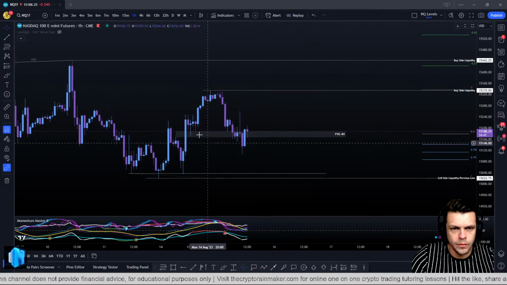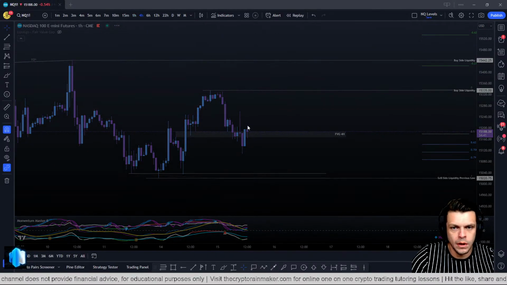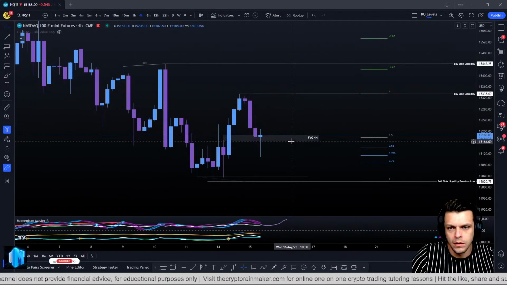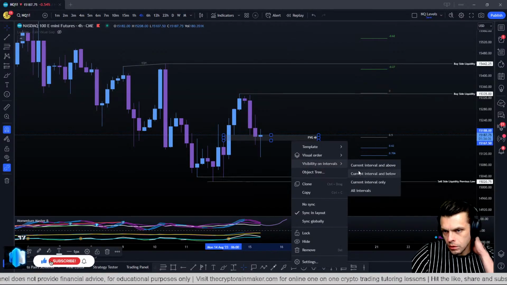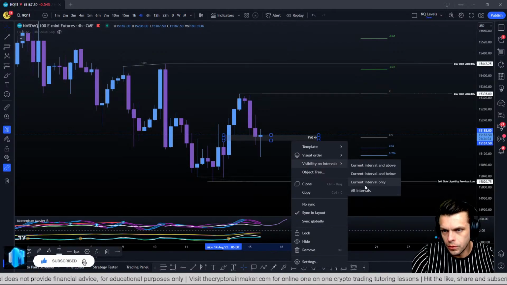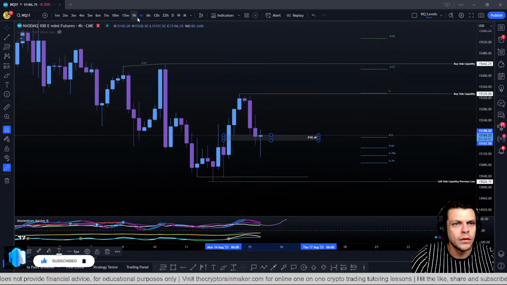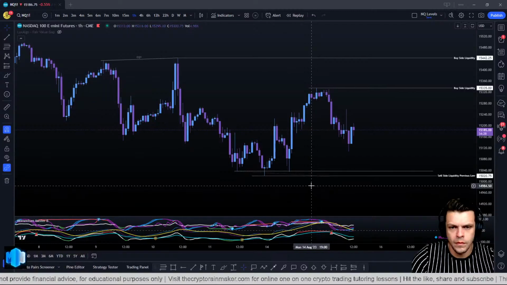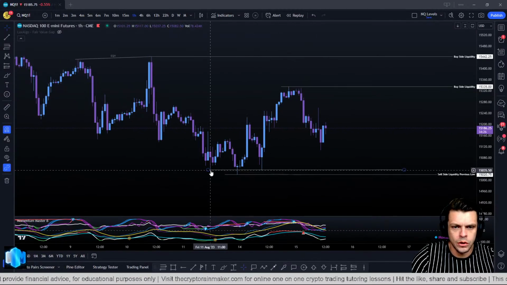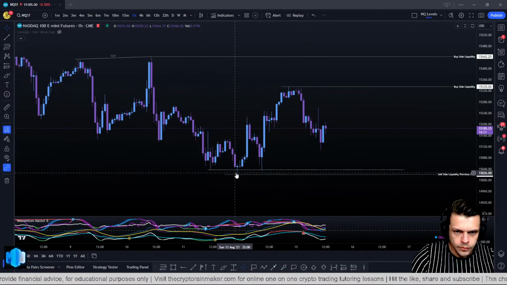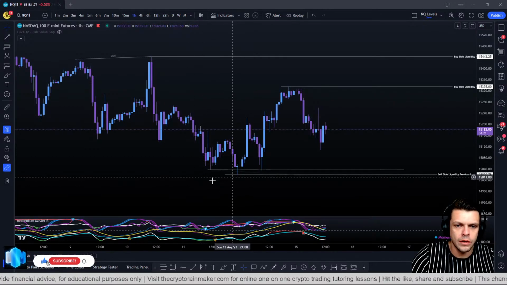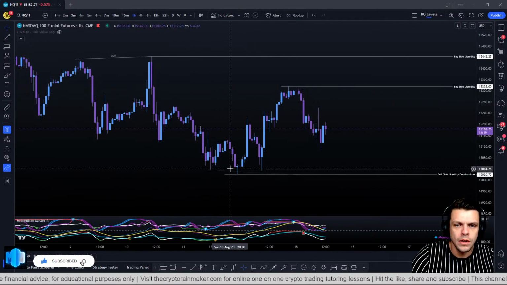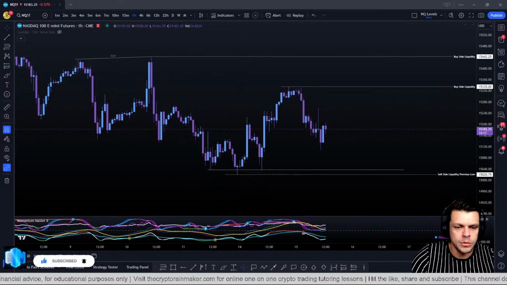Okay, so just going to quickly go back to the 4 hour. I just want to set the visibility so this is only on the 4 hour, the current interval only. Alright, so here we can also see we had this low, then price action came into this area, knocked out the stops, then we got strong displacement to the upside.